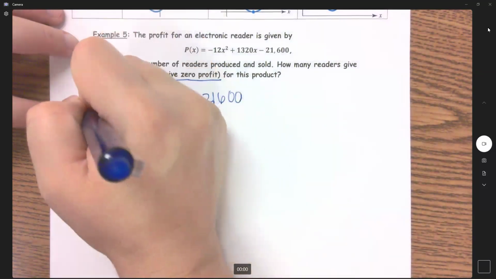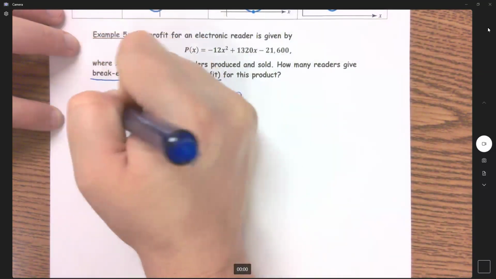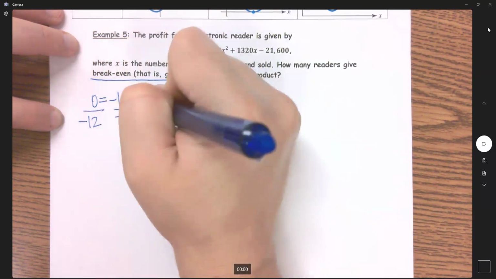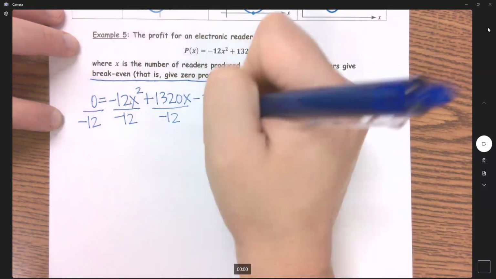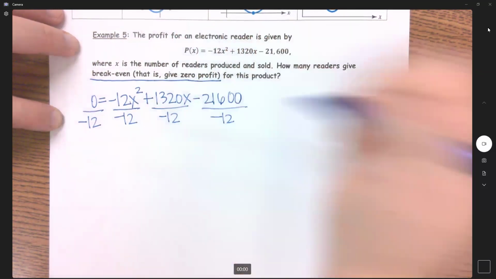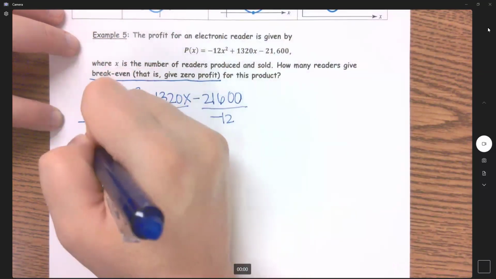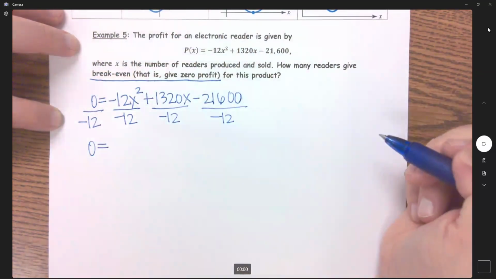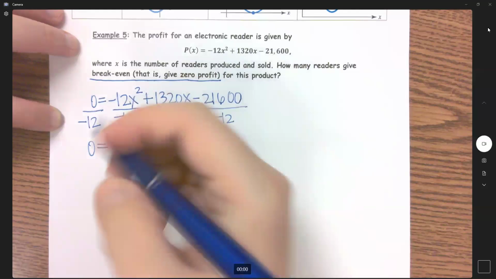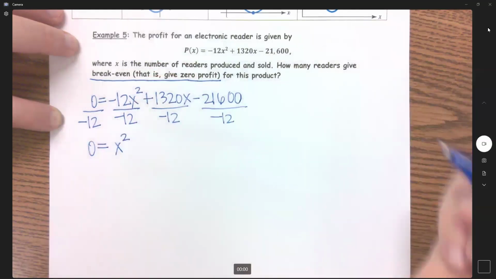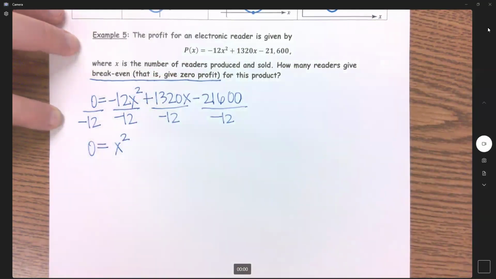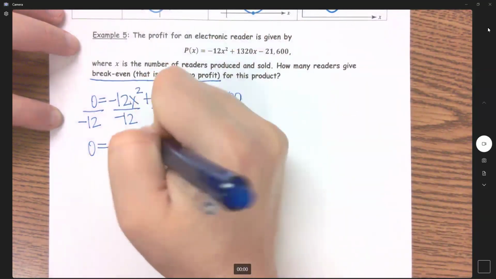So I'm going to divide everything by a -12. So 0 divided by anything is 0. -12 over -12 is x squared. 1320 divided by 12 is going to give me a -110x.